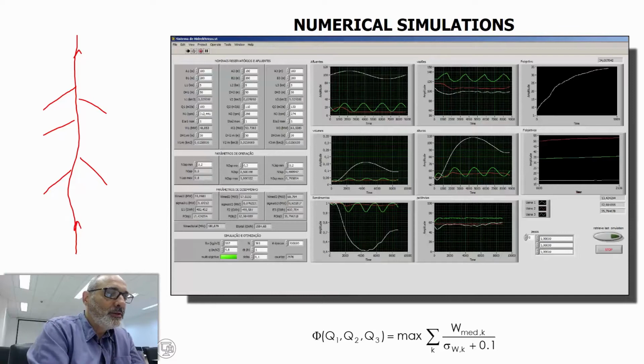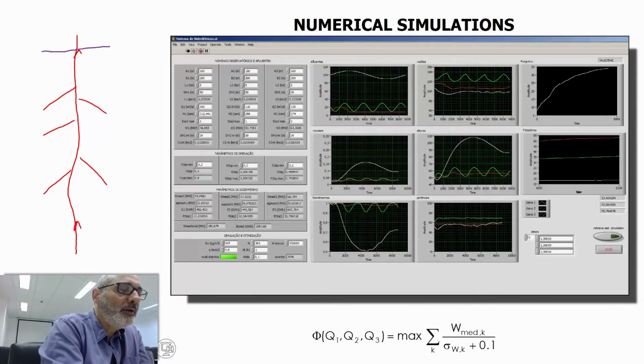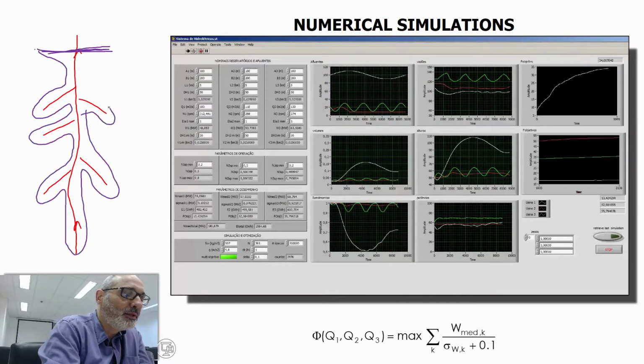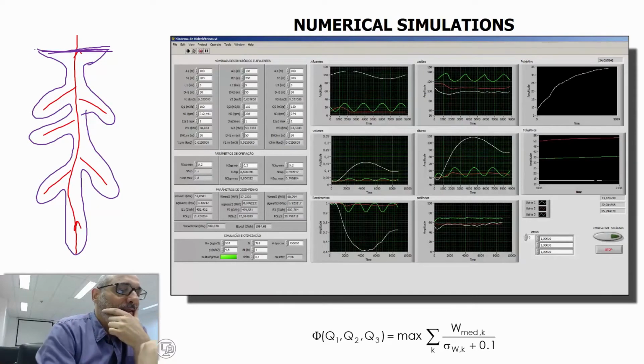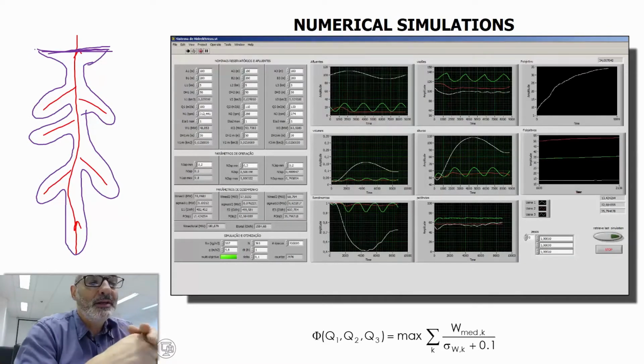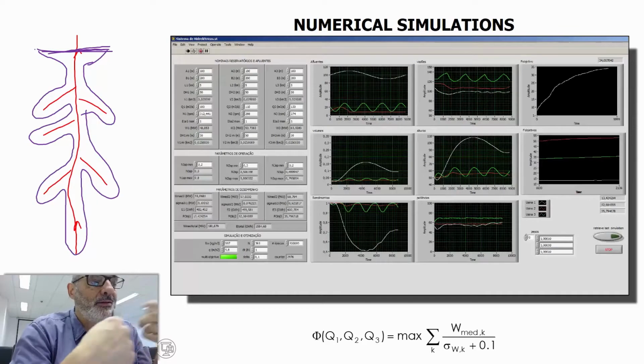Let me change color here. The original design had the dam here, and let's suppose that the lake is going to be something like this. That's the original expected lake for the Belo Monte project. So this flooded area was too big.